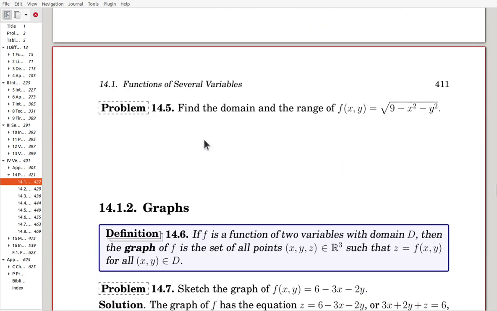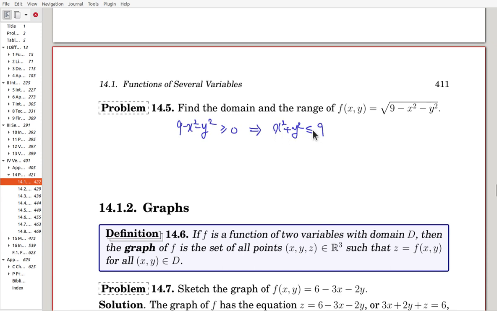Find the domain and the range of the function. Inside the radical, 9 minus x squared minus y squared must be non-negative, which means that x squared plus y squared must be less than or equal to 9.